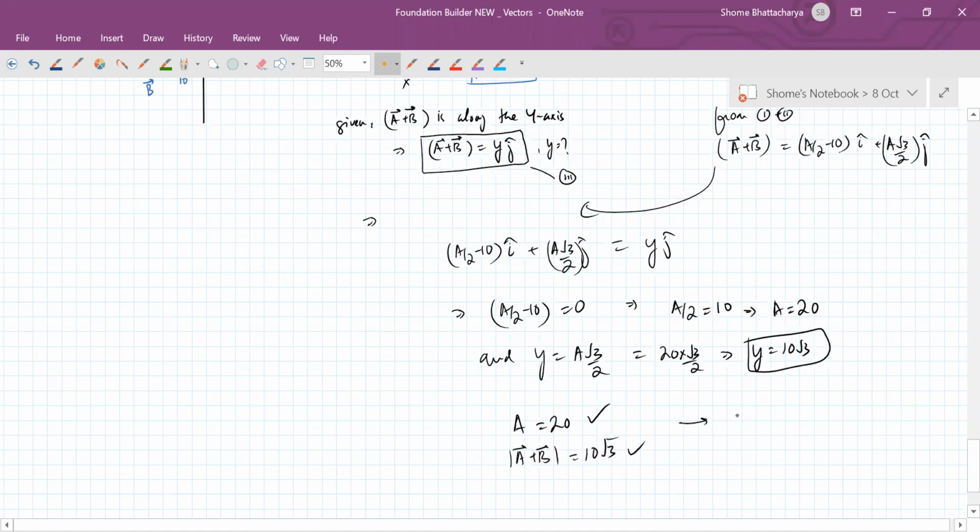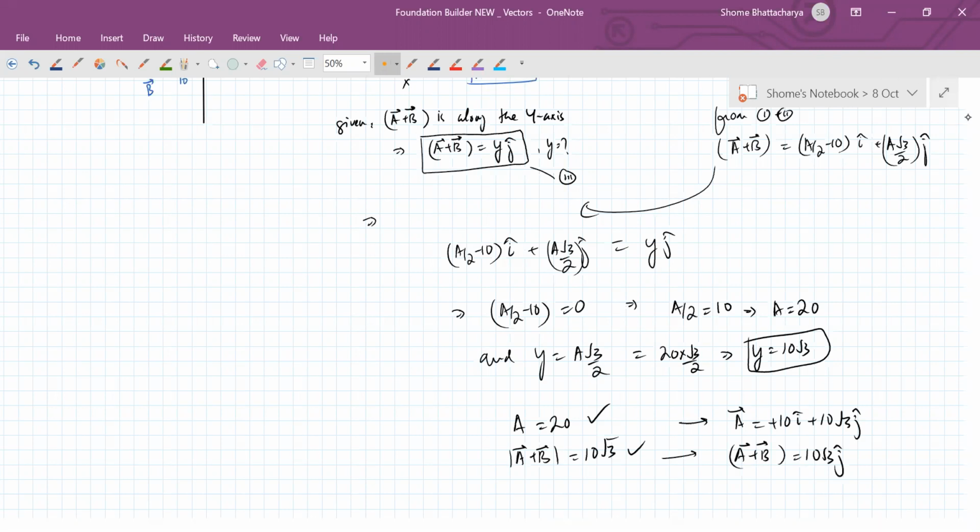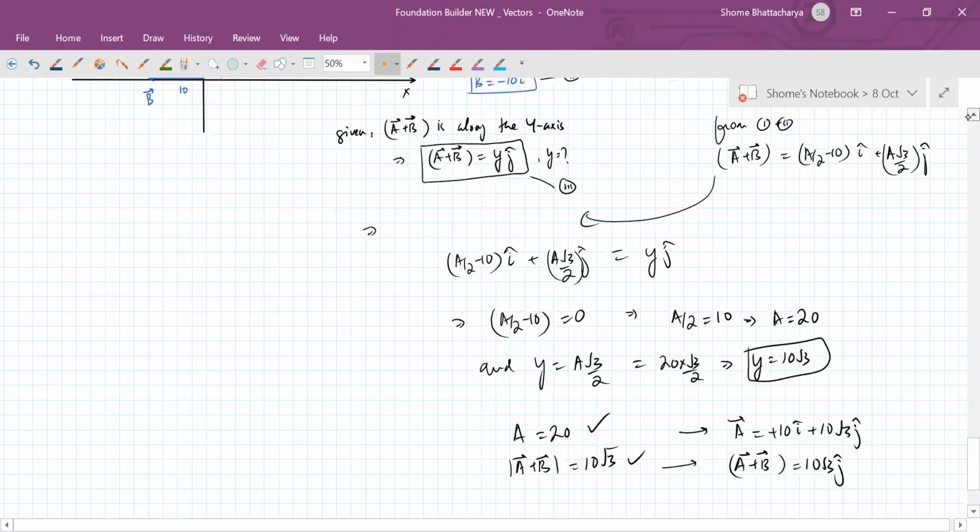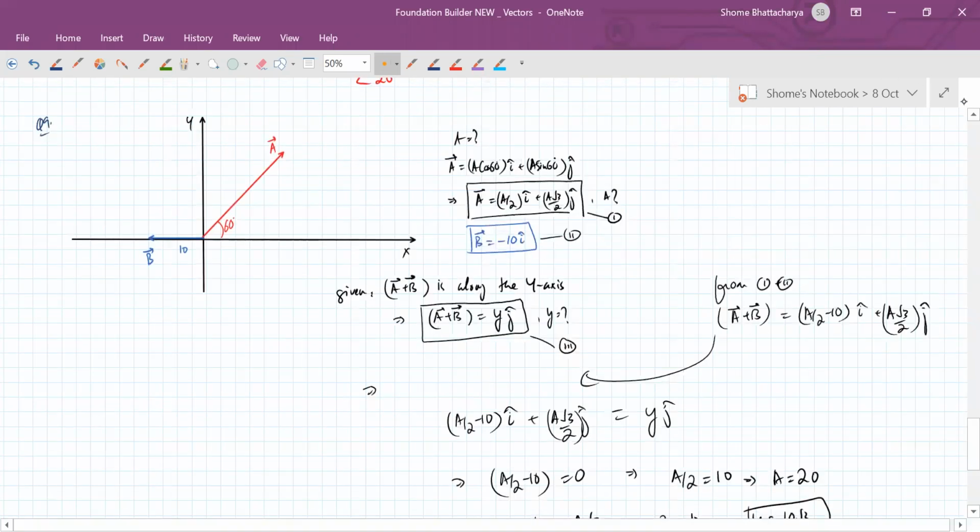If I want the vector A in component form, like this, and if I want the resultant in component form, sorry, it's 10 root 3 j cap. So this is the complete solution of this. Okay. So make sure you've written this down properly. Finish this, then we'll come to question 15 next.